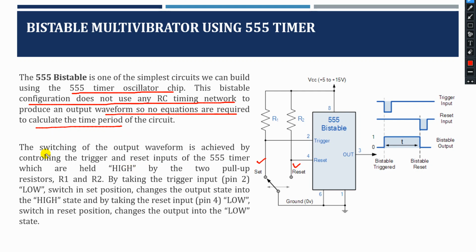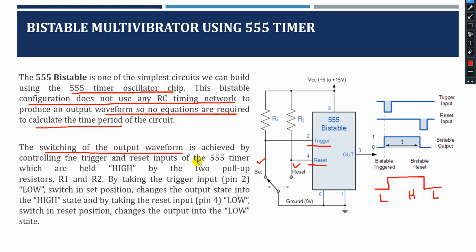Try to understand: the switching of the output waveform from low to high or high to low is achieved by controlling the trigger and reset inputs, that is, by pin number 2 and pin number 4.